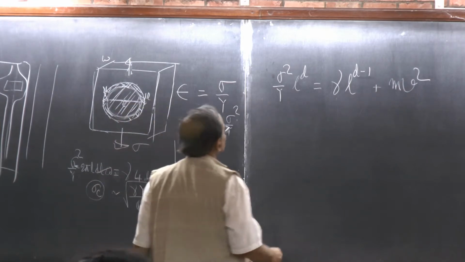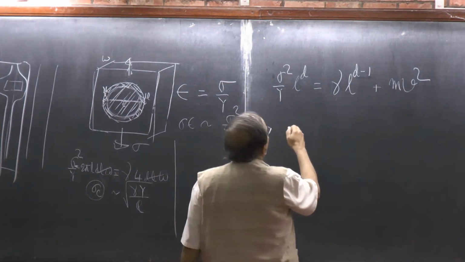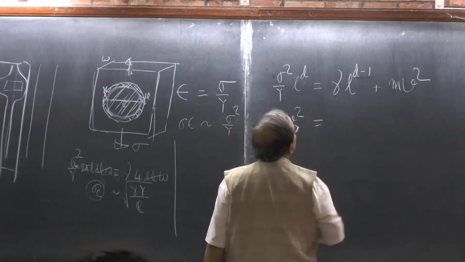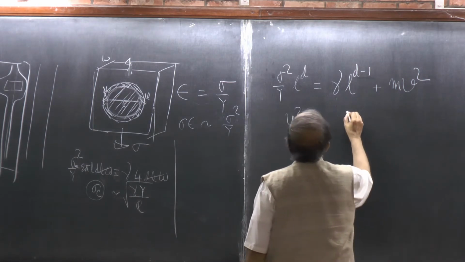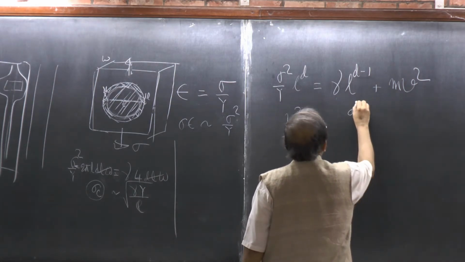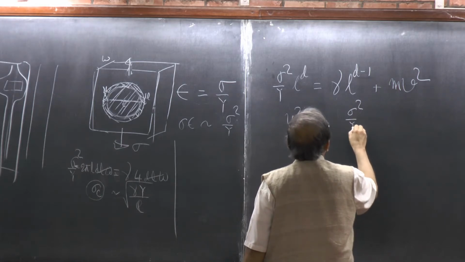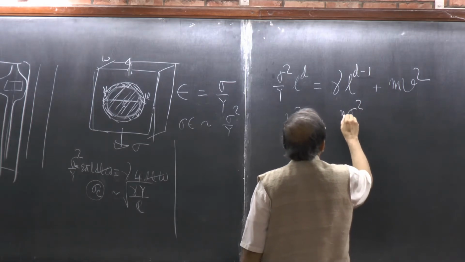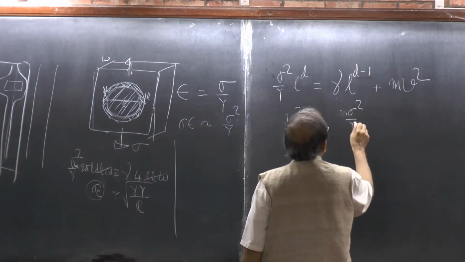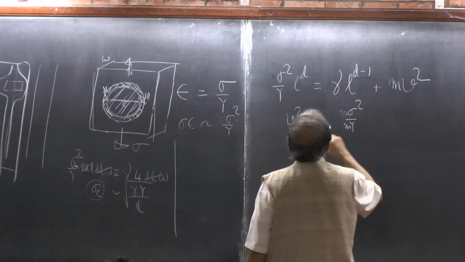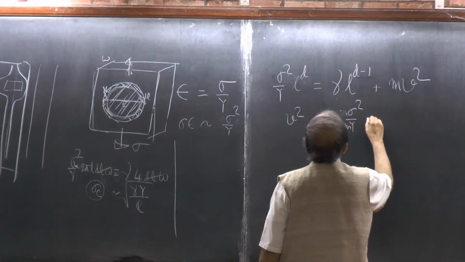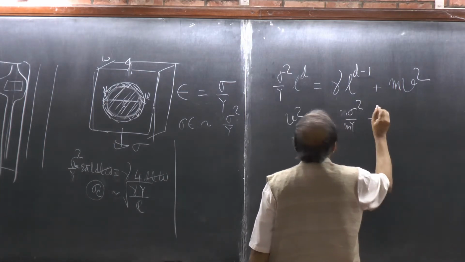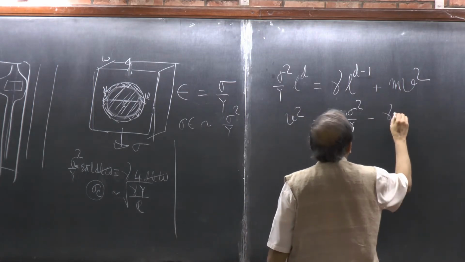And then, okay, so then I can write like this: V square is equal to sigma square by Y m into this, minus gamma.